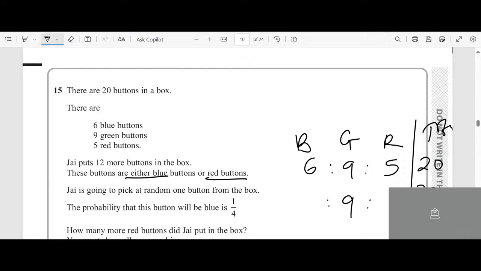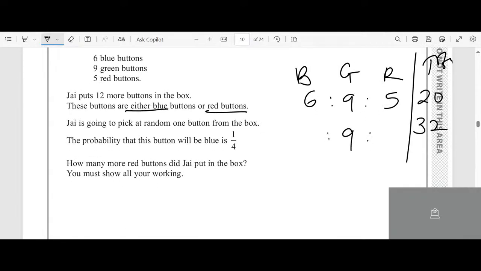Hope you can see that. Now, the probability that this button will be blue is a quarter. So out of the ones remaining from 32, you subtract 9 so that we can know. 32 subtract 9, this is 23. So out of this 23, you must have a ratio for the blue as a quarter of the total.